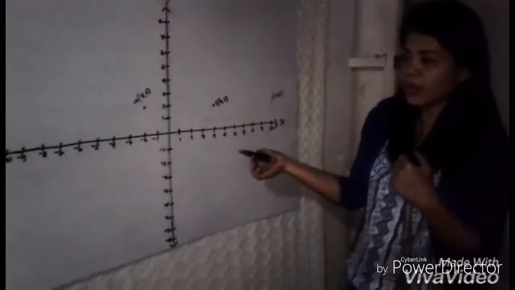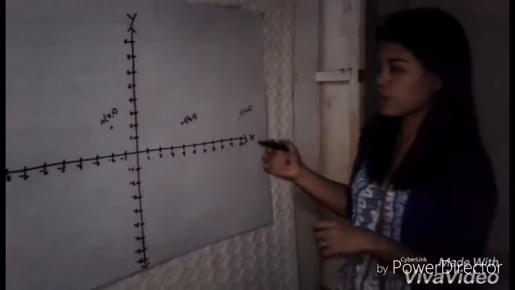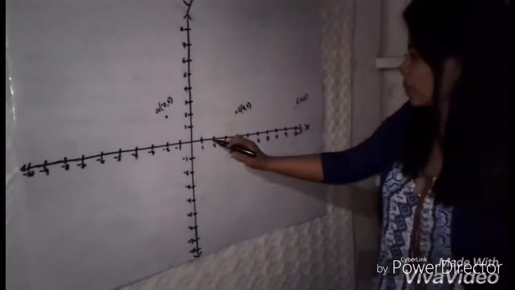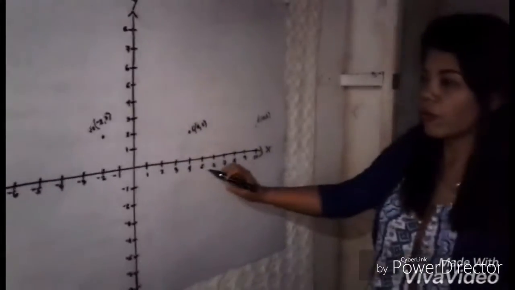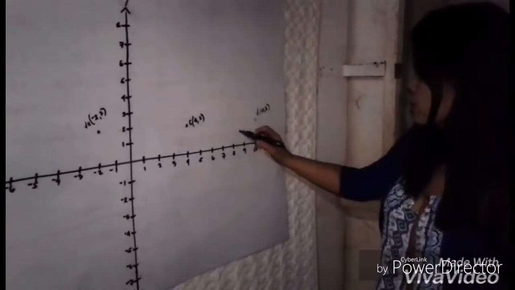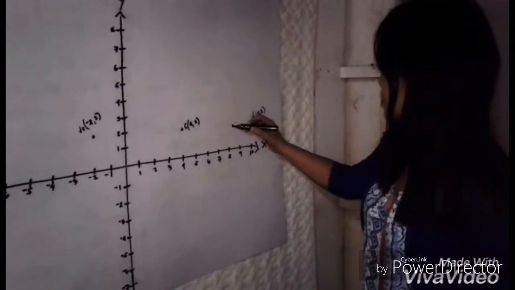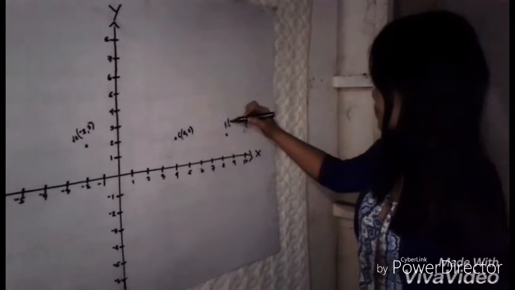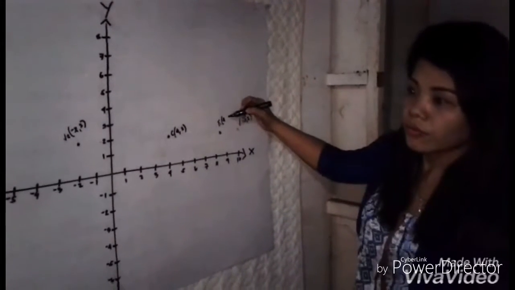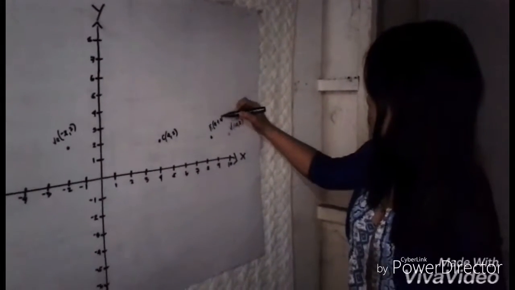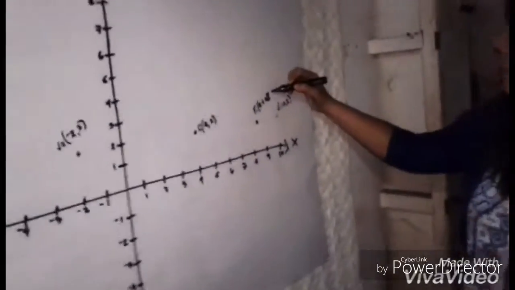The third is our foci. We locate focus 1, (4 plus 2 square root of 5, 2), here.